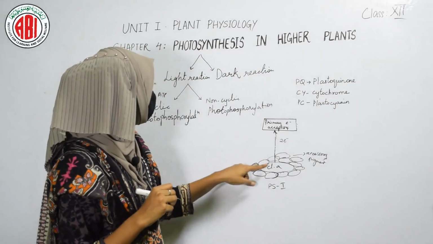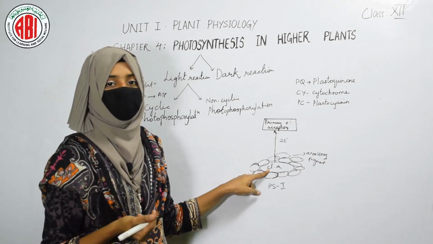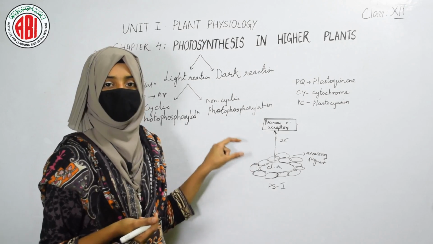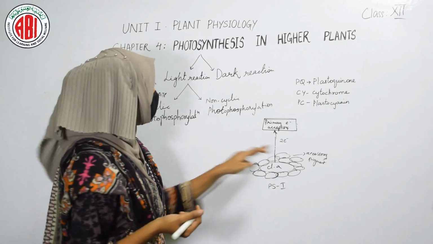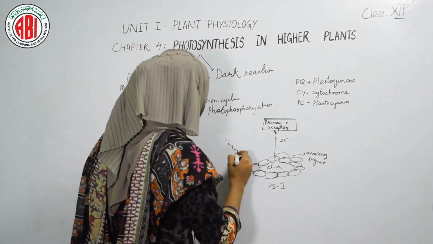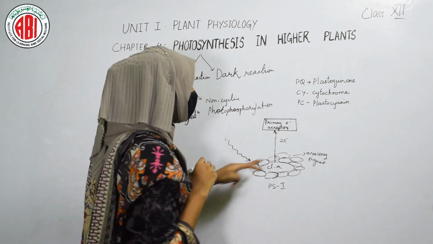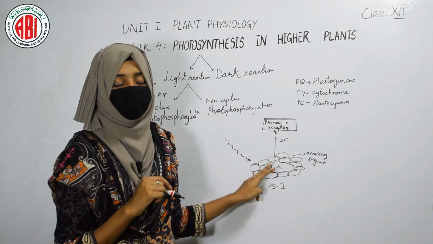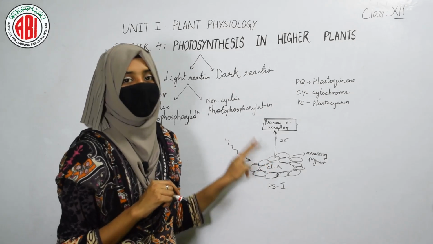Here again the reaction center, that is the chlorophyll A molecule, is present, around which some other pigments called accessory pigments are present. When sunlight falls, the photons are absorbed by these accessory pigments and passed to the reaction center, that is the chlorophyll A pigment.